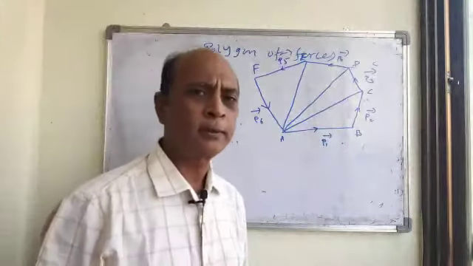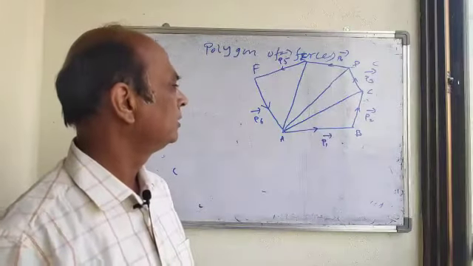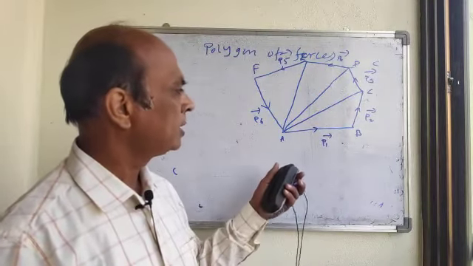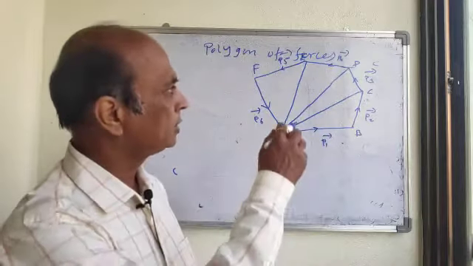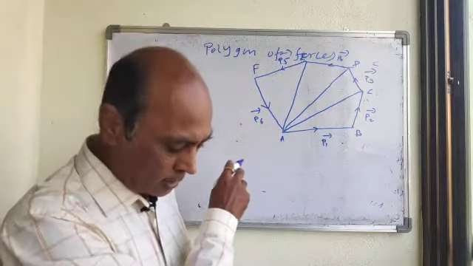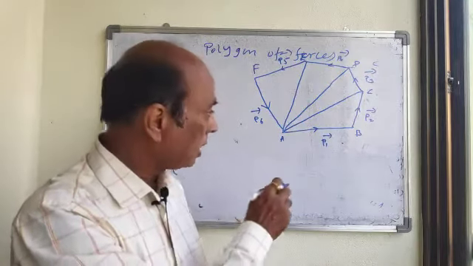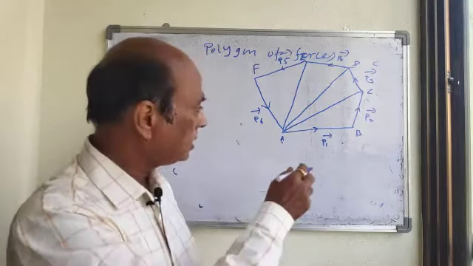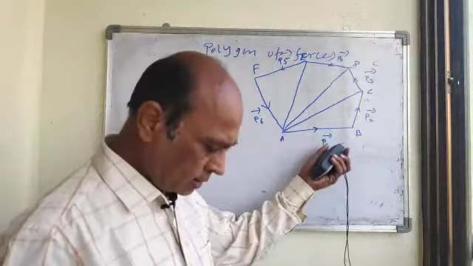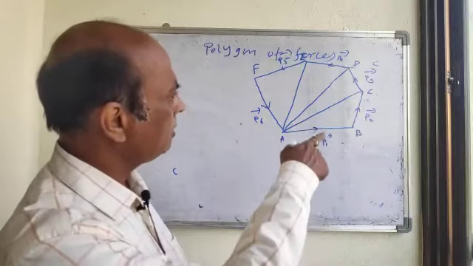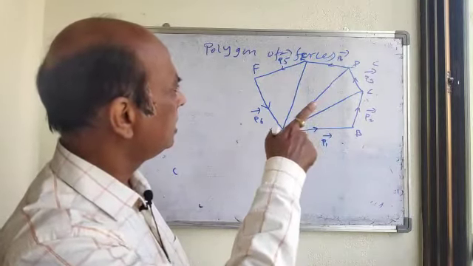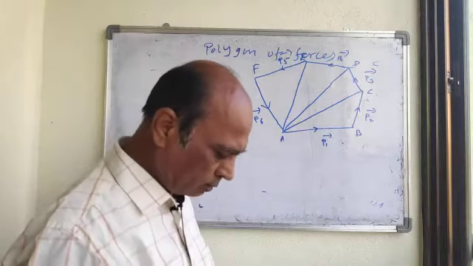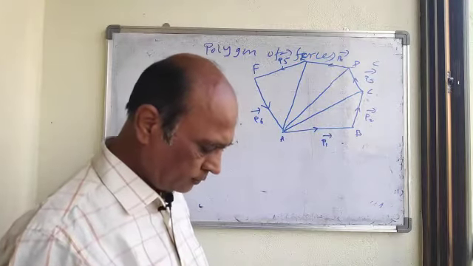So from this figure, you may see that the forces P1 bar, P2 bar, P3 bar, P4 bar, P5 bar, and P6 bar acting on a particle are represented in magnitude and direction by the sides AB, BC, CD, DE, EF, and FA respectively.